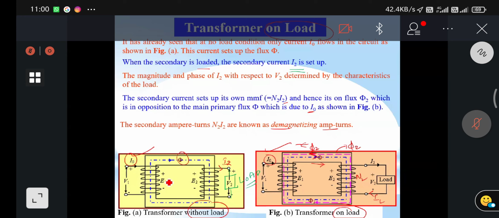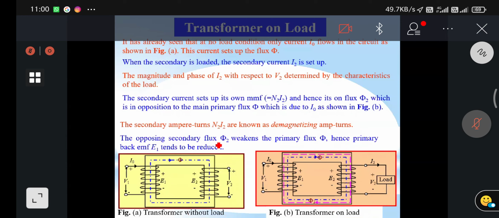This flux links with the primary, so E1 is induced, and links with the secondary, so E2 is induced. Then you can connect the load here. If you connect the load, current starts flowing, which produces the flux Phi2. This Phi2 direction will be like that. These pink dotted lines represent Phi2.